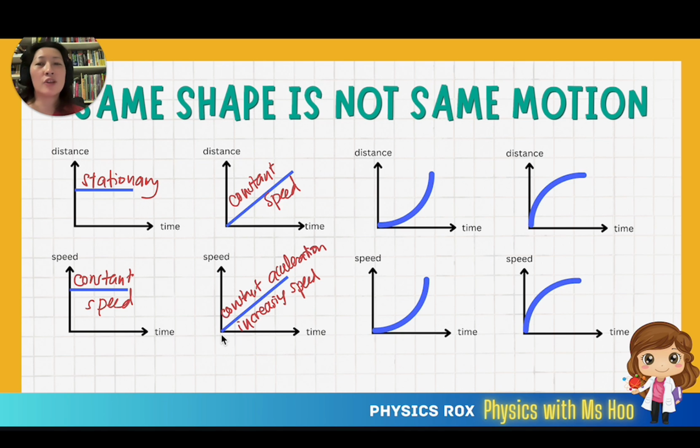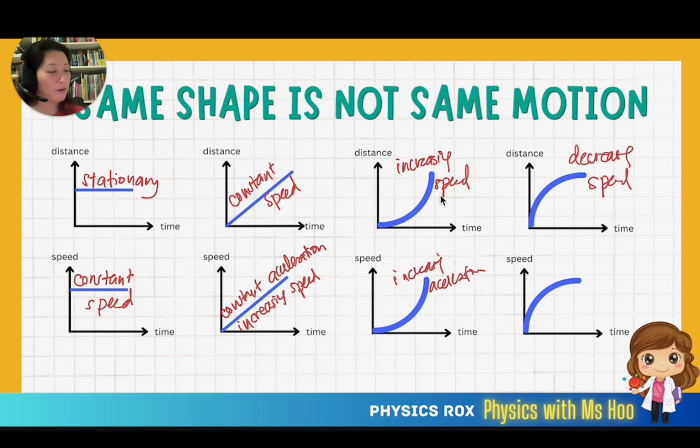So same shape does not mean same motion. Like for the last two graphs, this is increasing speed, while this is increasing acceleration. And for the fourth graph, for the distance time graph, this is decreasing speed. And for the speed time graph, this is decreasing acceleration.